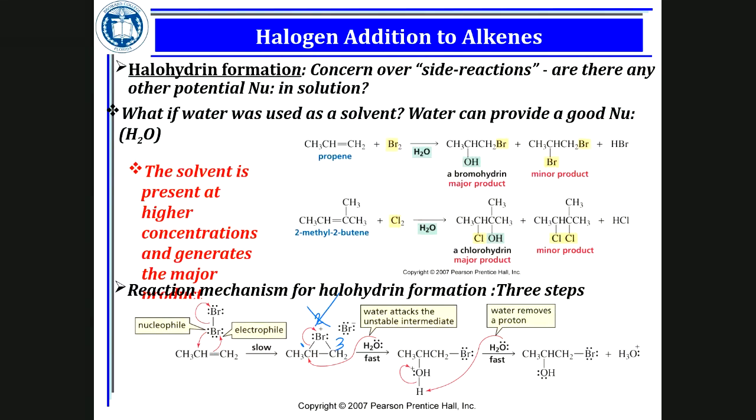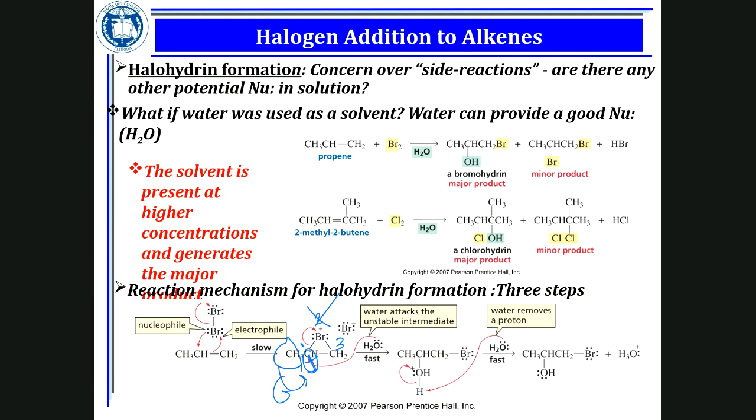The fact that both of them are attached to bromine is equal, so we have to look for a point of difference. The difference is number 3 is attached to 2 hydrogens. Number 1 is attached to 1 hydrogen and 1 methyl group. And since methyl groups are electron donors, the plus charge is going to be more welcome, more stable, when it's on carbon 1.